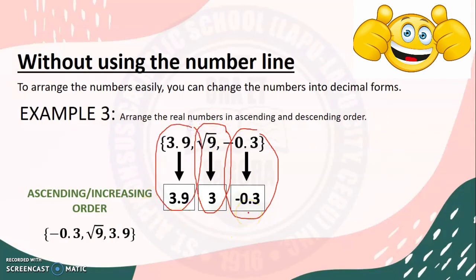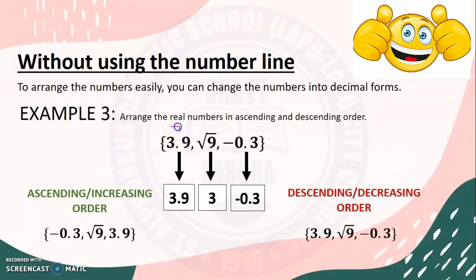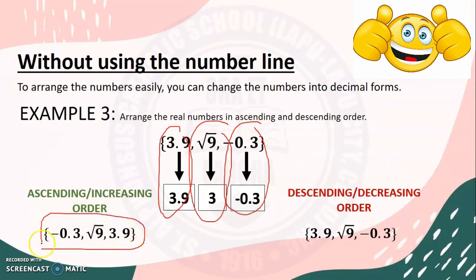And for decreasing order, we have 3.9, square root of 9, and then negative 0.3. So these are now the arrangement of the given numbers.